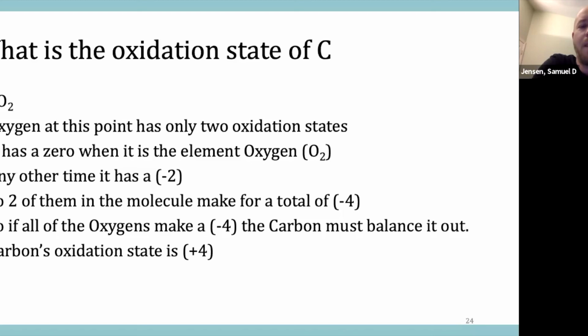It's either 0 when it's the element oxygen, or most any other time it's going to be -2. So if there are 2 oxygens present, we have a total of -4. This means the carbon must balance the oxygens. The carbon therefore is now a +4.